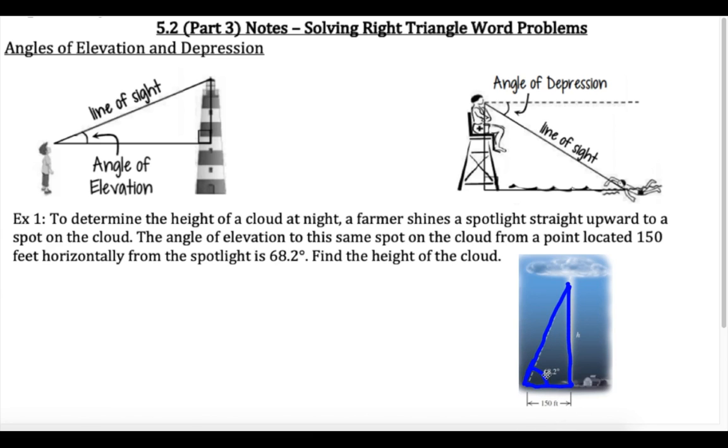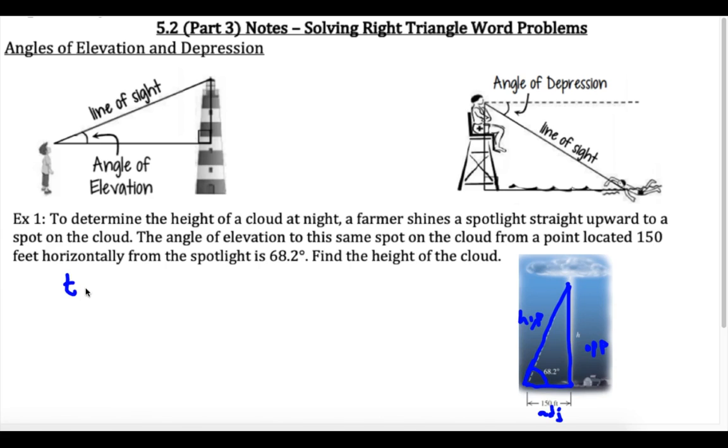With respect to this 68.2 degree angle, this would be the opposite side, this would be the hypotenuse, and this would be the adjacent side. So the trig function I want is tangent, because the unknown is opposite, the side that I do know is adjacent.